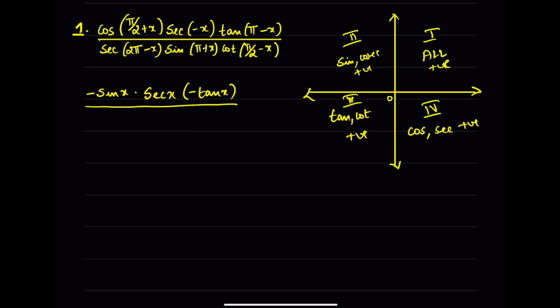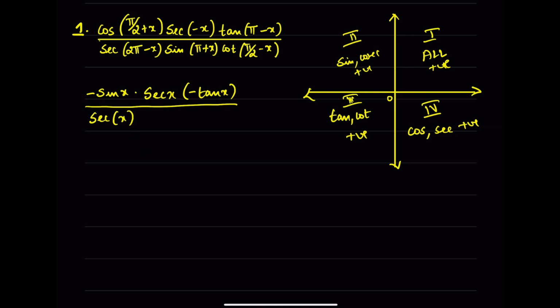Now in the denominator, we have secant of 2pi minus x. 2pi is a full complete circle, 360 degrees. 2pi minus x will be in the fourth quadrant, and in the fourth quadrant cos and secant are positive. So this will be secant of x. And sine of pi plus x.